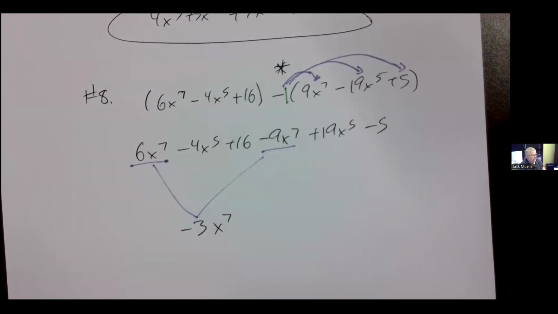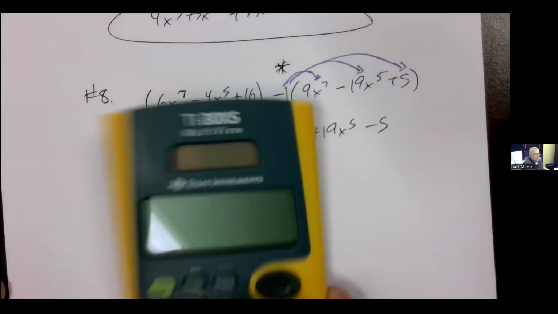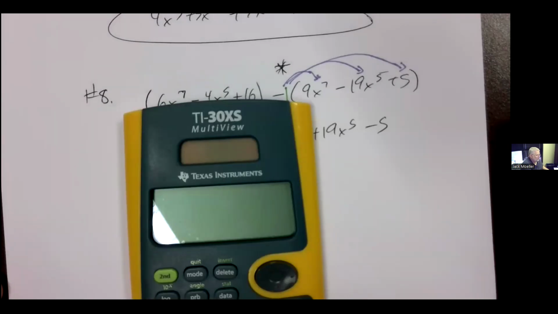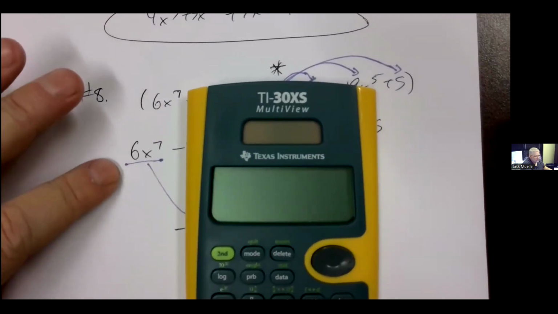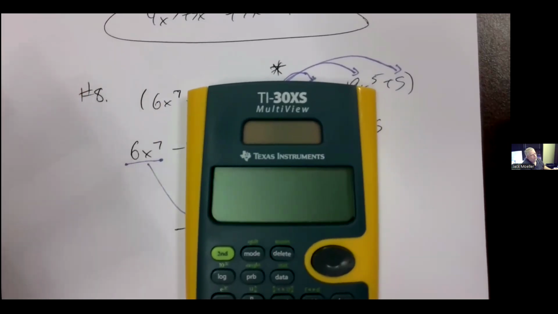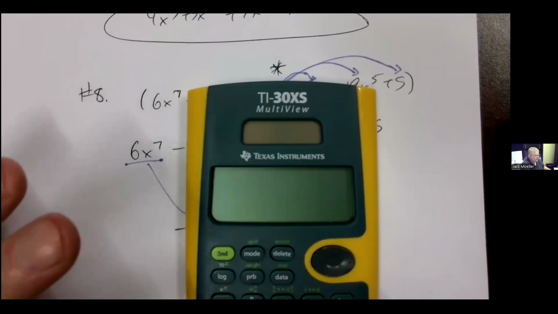So we're dealing with x. How many x to the 7th do we have? We have negative 3 of them. Oh, by the way, calculators are not bad. You're allowed to use these. There are so many mistakes made with negatives. If you took 1413 last semester or another math class last semester, you've had time to get up to speed on your math skills, and you're probably not going to make as many mistakes with negatives.